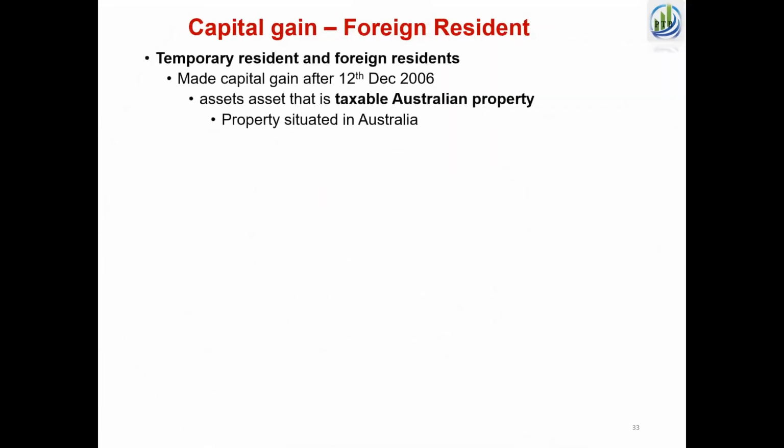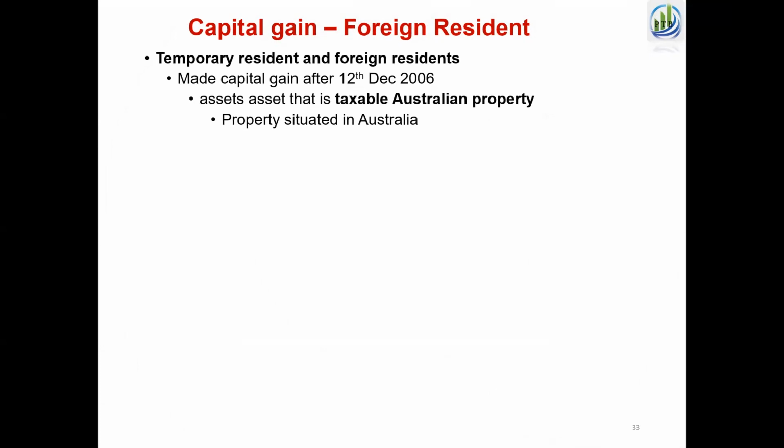Foreign residents, this is important. Temporary residents and foreign residents are not required to report capital gains on their overseas property. However, they are required to report capital gains on any assets in Australia, made after 12th of December 2006.